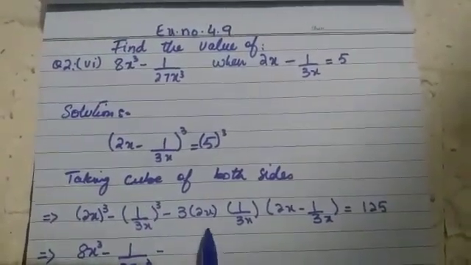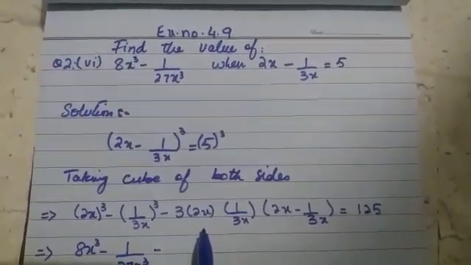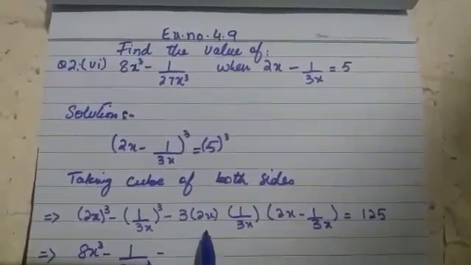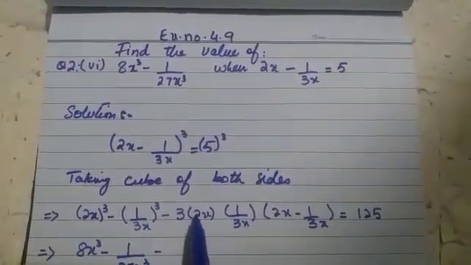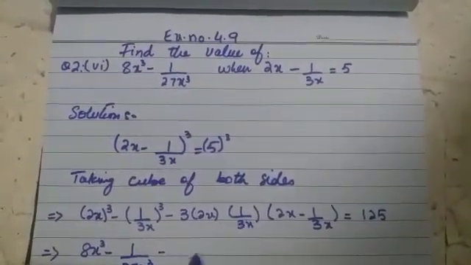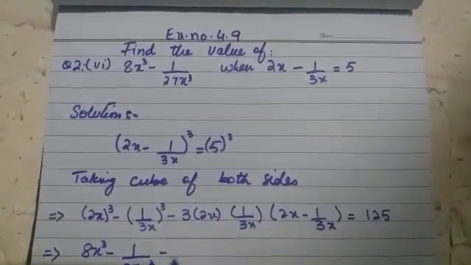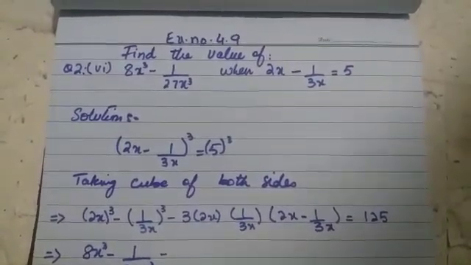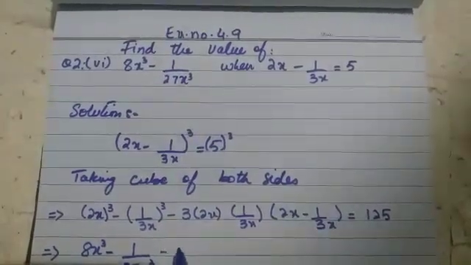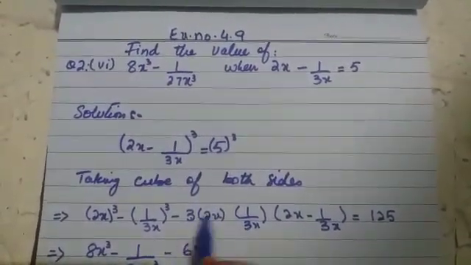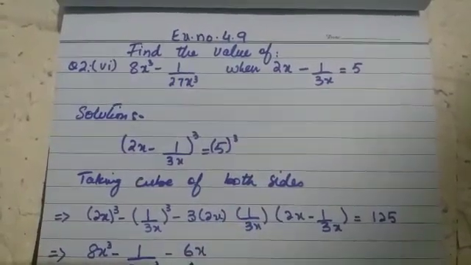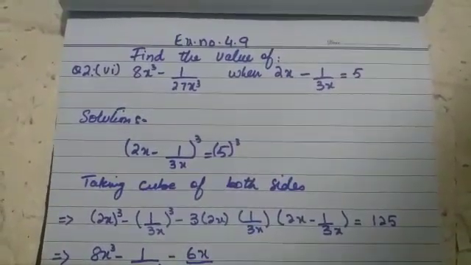As I explained earlier in the previous question number 1, you can multiply the quantities in the form of 3ab, as well as you can cancel the expression also. Now we can use both the ways. 3 times 2x and 1 upon 3x.